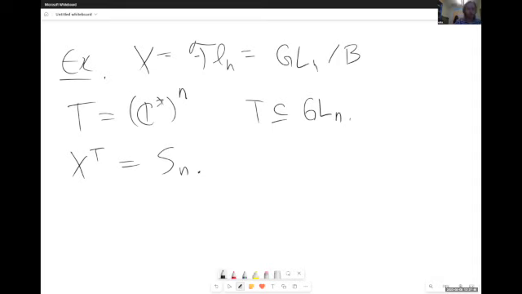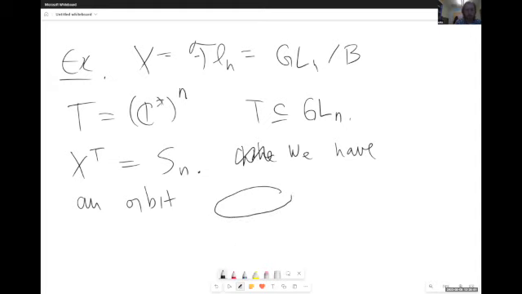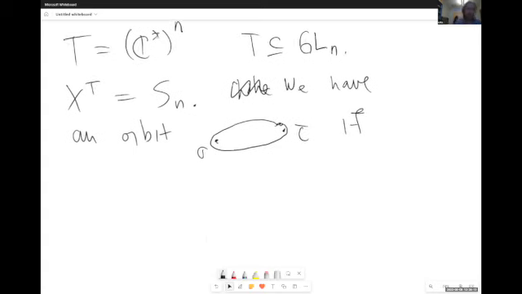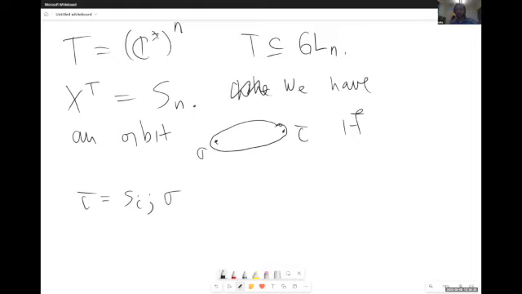And so we have an orbit which looks like C star, and its closure connects two fixed points, sigma and tau, if tau equals some transposition multiplied on the left by sigma.